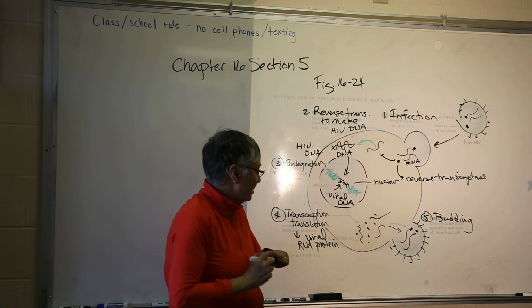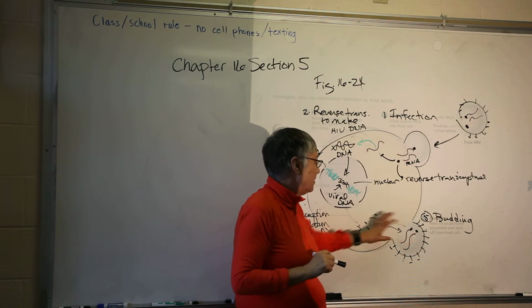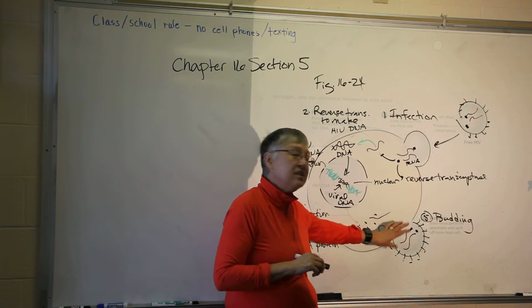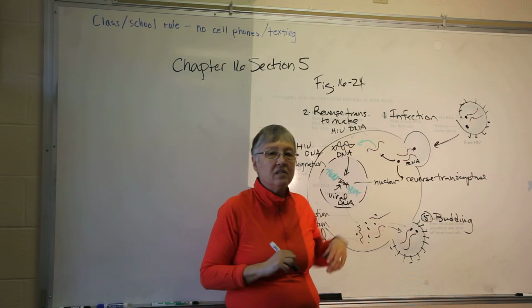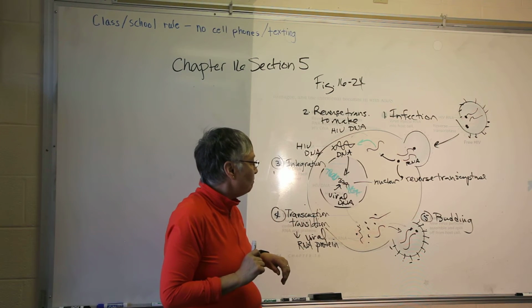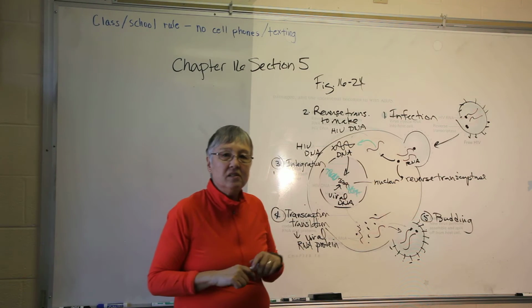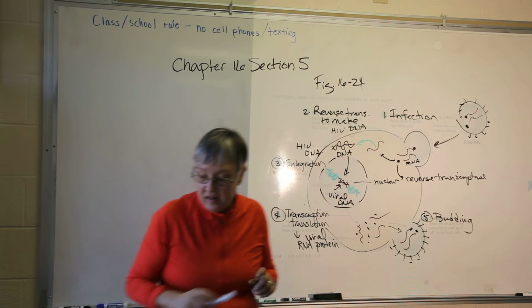So what happens is that this cell is going to release particles of the HIV virus that can then infect other T helper cells. At some point, the cell might actually be destroyed.